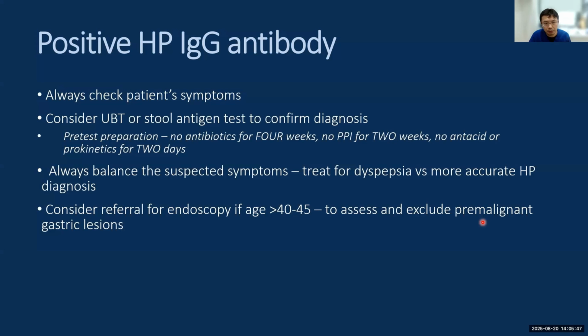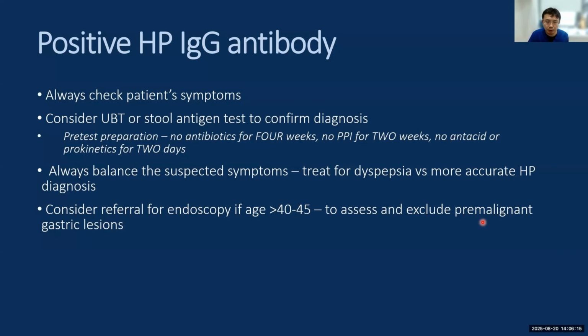In a setting where you know, okay, this person has symptoms and your antibody is negative, you should still refer for gastroscopy because particularly if their age is more than 40, 45, because premalignant gastric lesions are very difficult to diagnose and they can manifest as anyone with indigestion or reflux.